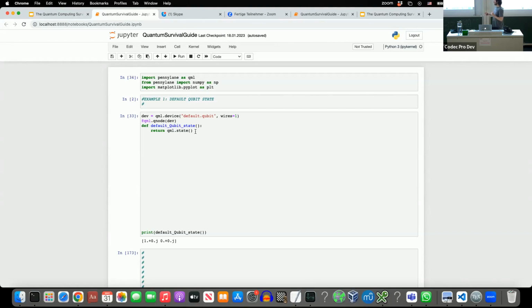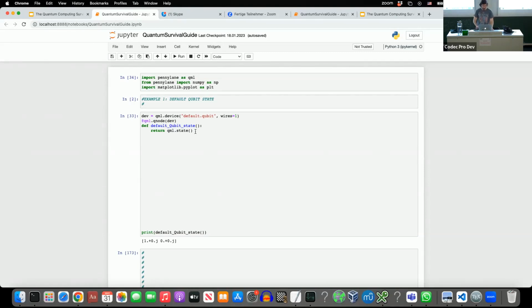We will specify that our device has a single wire, which means that we are only going to model one qubit. Then in order to define the circuit, we just write the circuit as a function. In this case, it is default qubit state, and all that we want this function to do is return the default state.